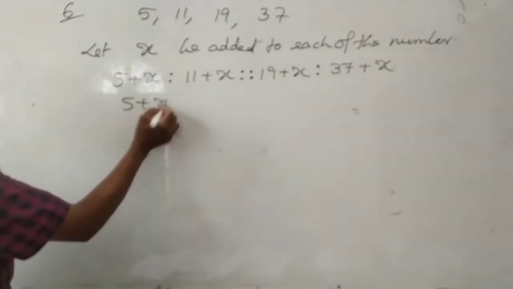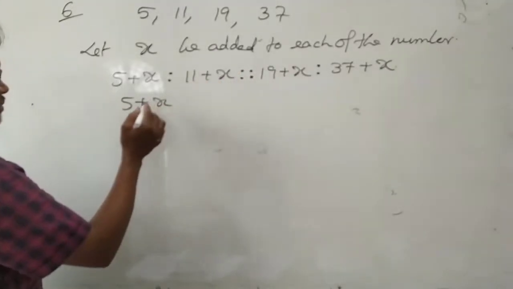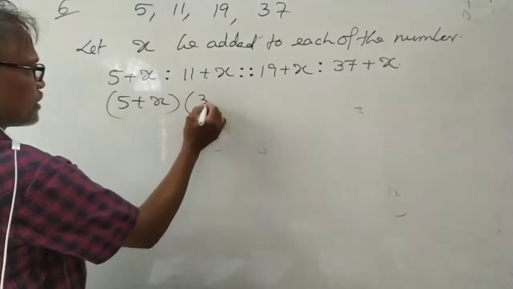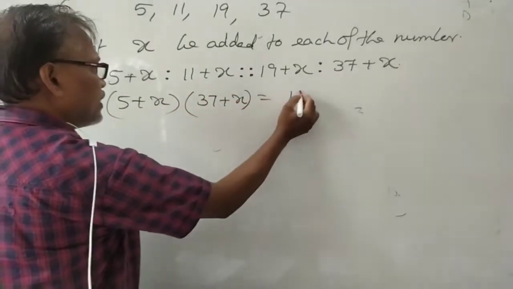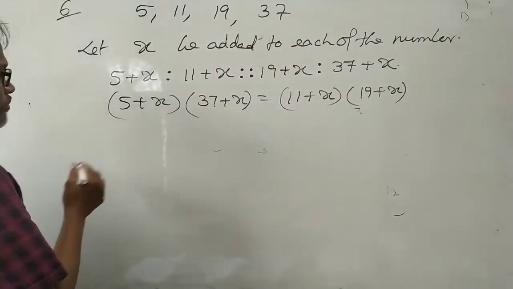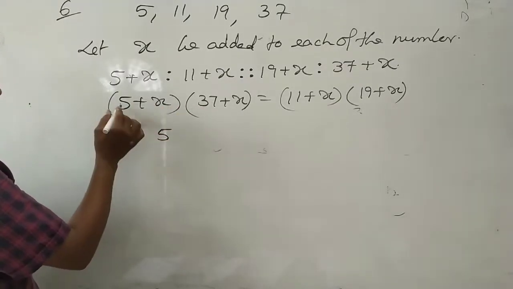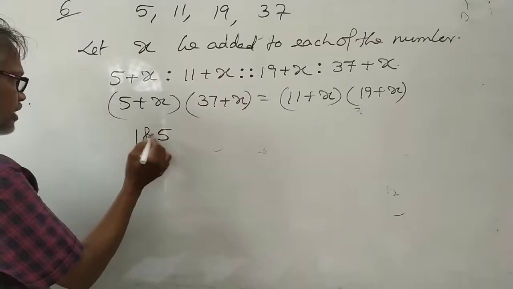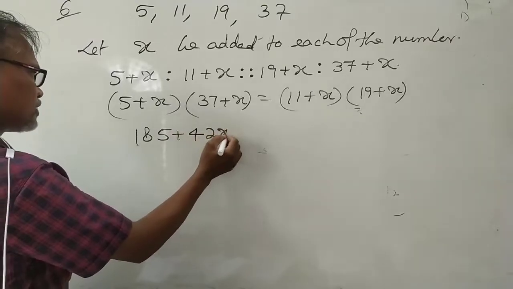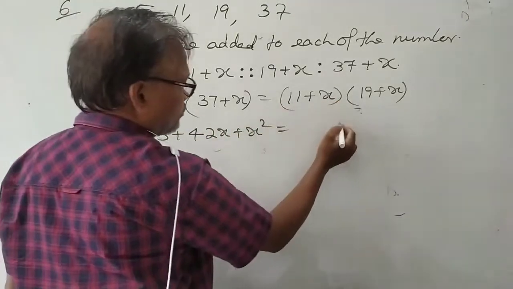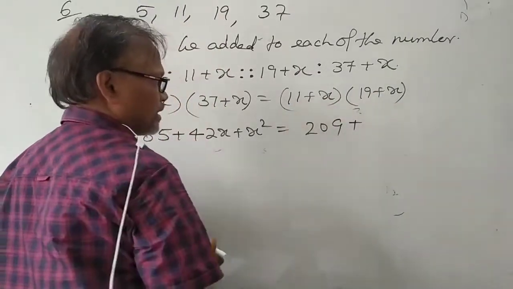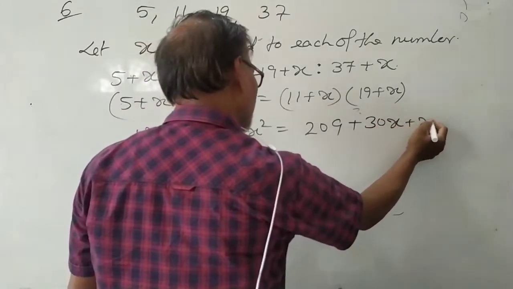So, product of extremes is equal to product of means: (5 plus x) into (37 plus x) is equal to (11 plus x) into (19 plus x). This is the formula I already told you. Multiplying: 185 plus 5x plus 37x, that is 42x, plus x square, is equal to 209 plus 11x plus 19x, that is 30x, plus x square.